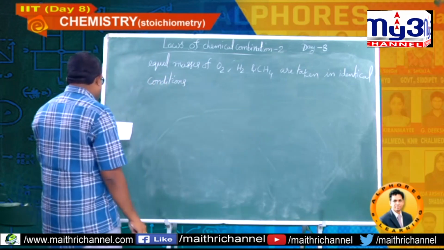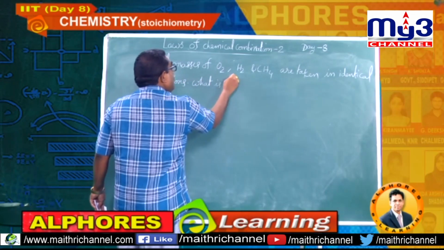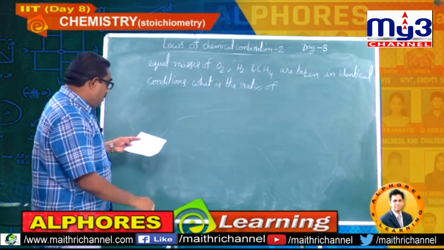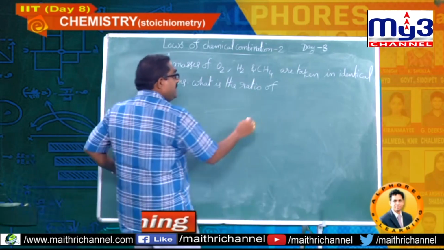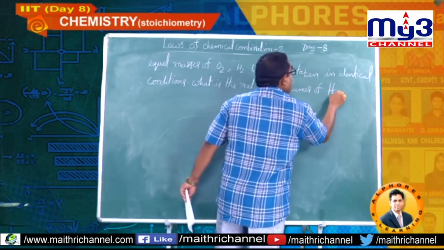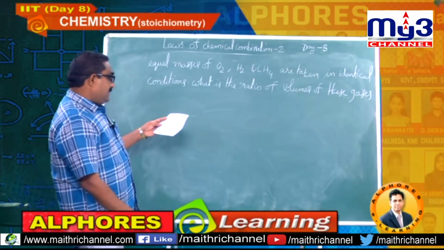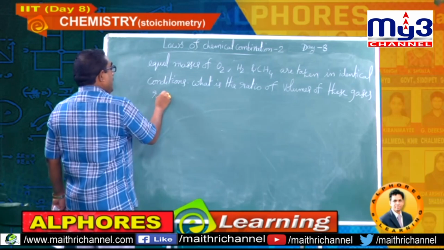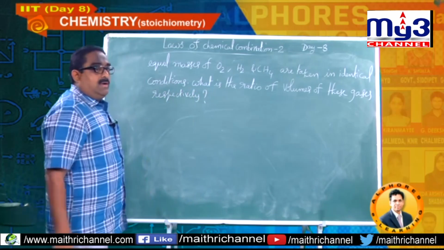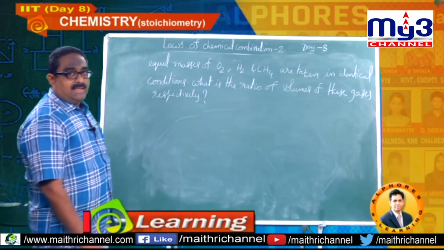What is the ratio of volumes of these gases respectively? Respectively means you have to order the volumes ratio of oxygen, hydrogen and methane. That's what he is asking.